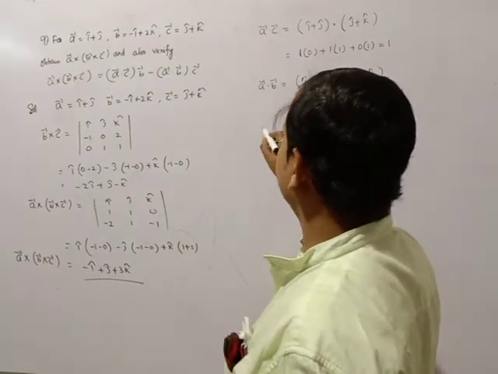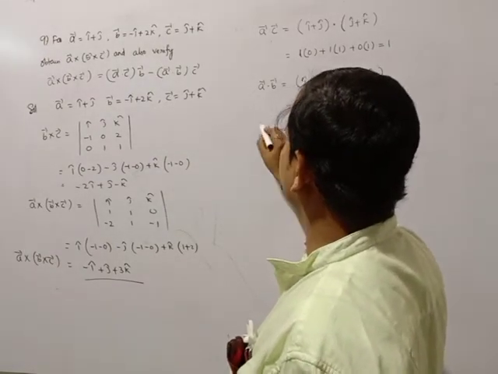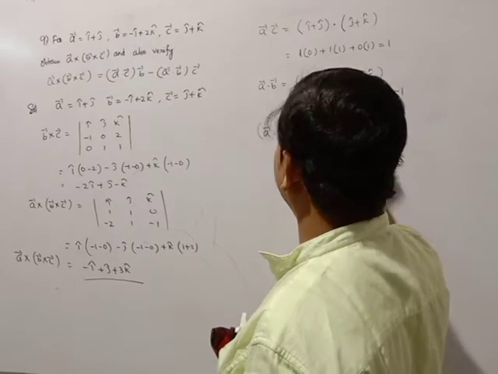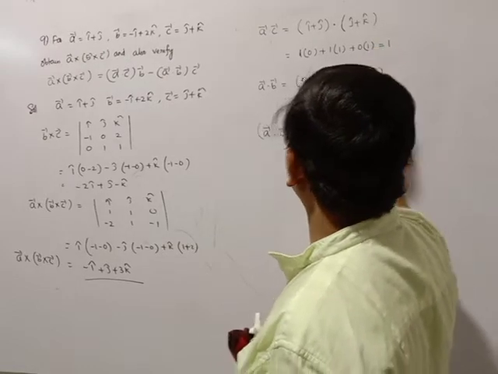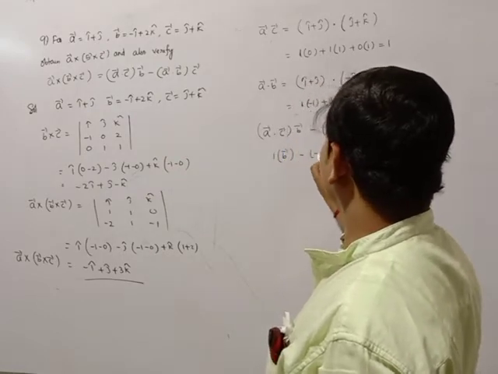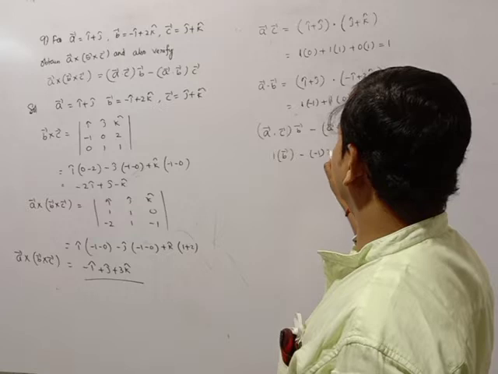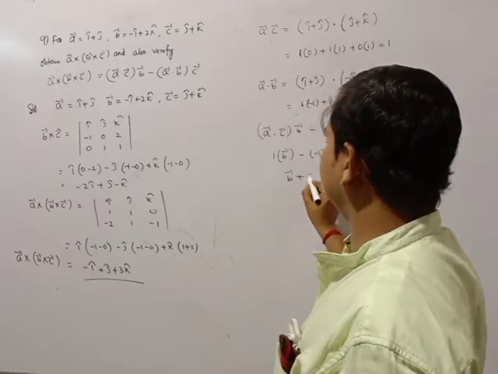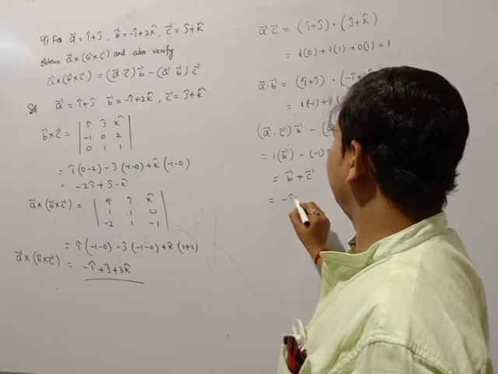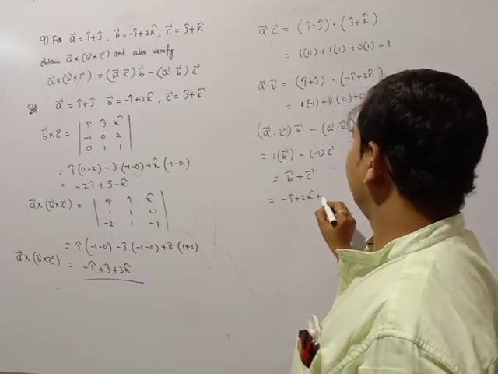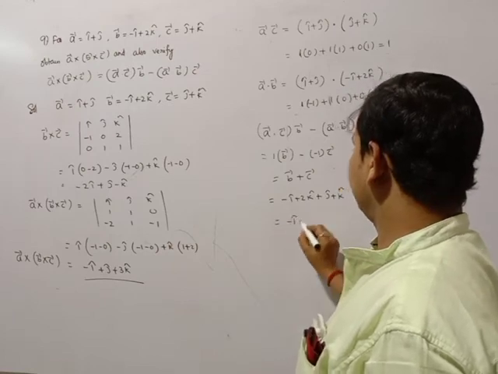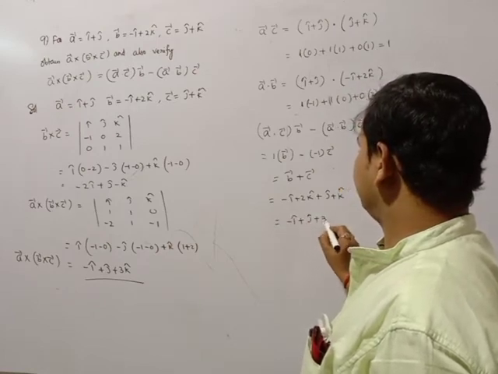Now find A bar dot C bar into B bar minus A bar dot B bar into C bar, that is 1 into B bar minus minus 1 into C bar, that is B bar plus C bar. Find B bar plus C bar. B bar is minus i bar plus 2k bar plus j bar plus k bar, so that is equal to minus i plus j plus 3k bar.